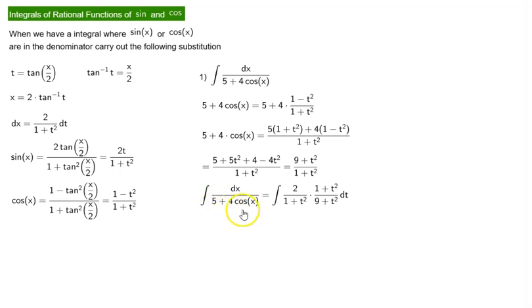Integral of dx by 5 plus 4 cos x is equal to integral of 2 by 1 plus t square times 1 plus t square by 9 plus t square dt. So how did this come? Here dx is equal to 2 by 1 plus t square, and 5 plus 4 cos x is equal to 9 plus t square by 1 plus t square.